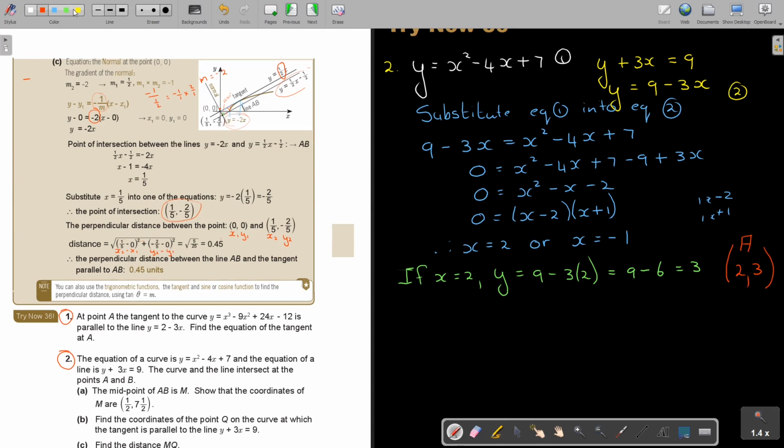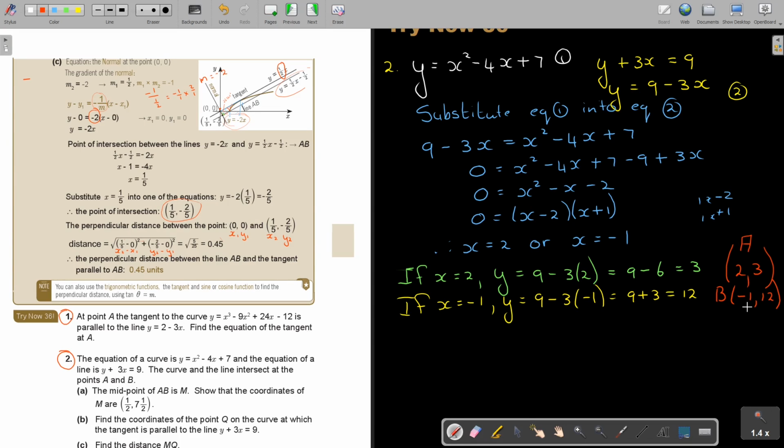Then the next one, we can say if x is equal to negative 1, y is equal to, again substitute there, and that's 12. And again, my point B will be negative 1 and 12.